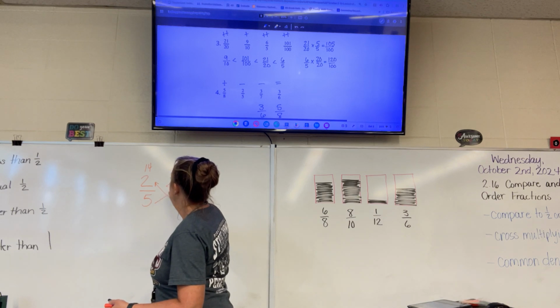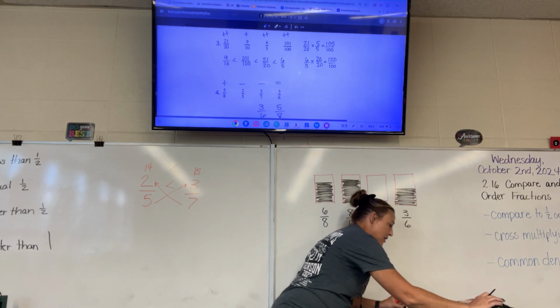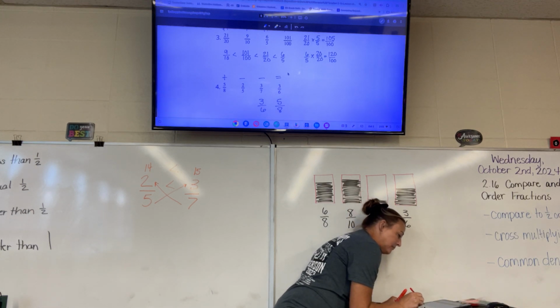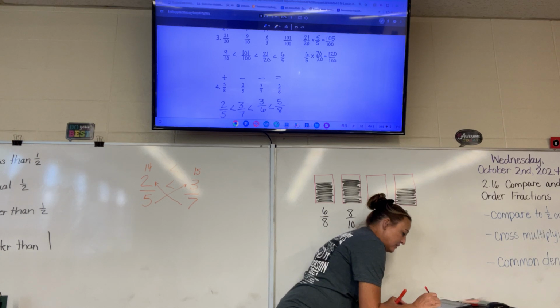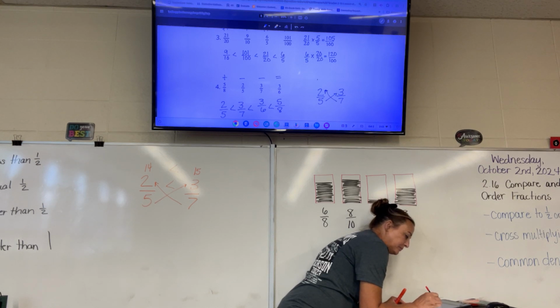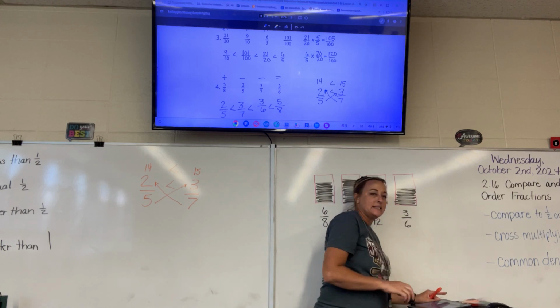So 2/5 is less than 3/7. So our smallest fraction is 2/5, then 3/7, then 3/6, and then 5/8. The only extra thing I want you to write down is the cross multiplying we did. That helped us figure out who was in first place and second place.